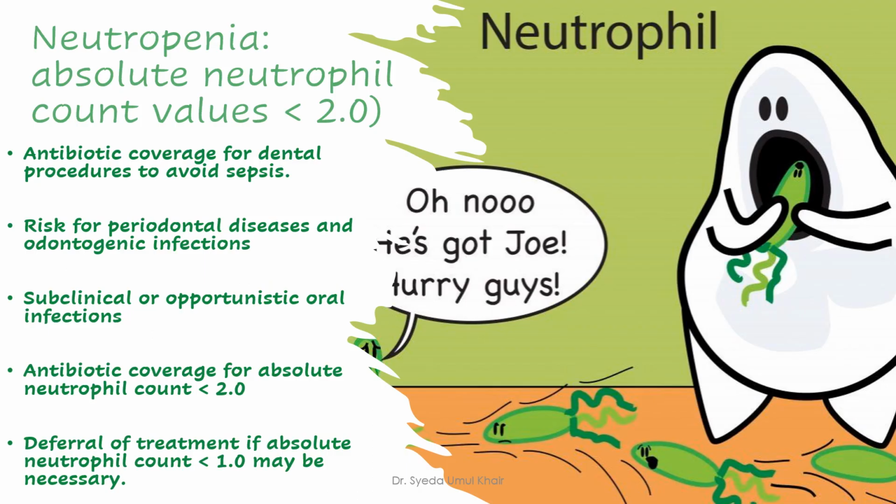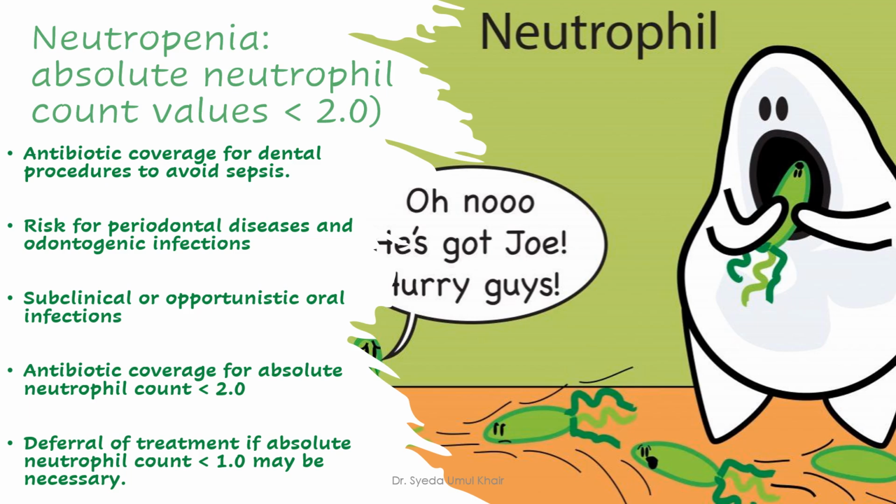In particular, specific knowledge of a patient's absolute neutrophil count can help a dentist better evaluate a patient's immune health and his or her ability to fight infection or recover from invasive treatment. Patients with neutropenia may require premedication prior to dental treatment to prevent sepsis.